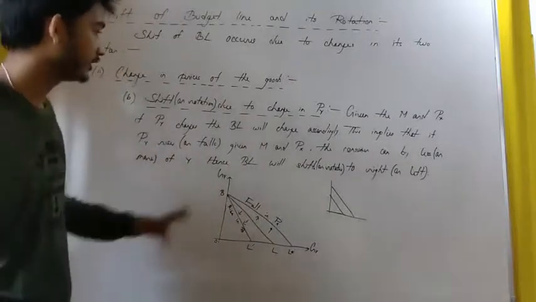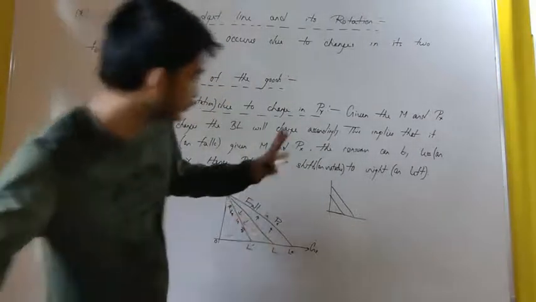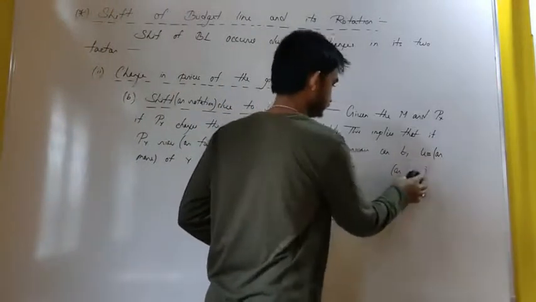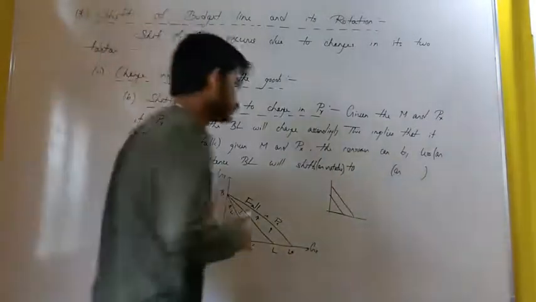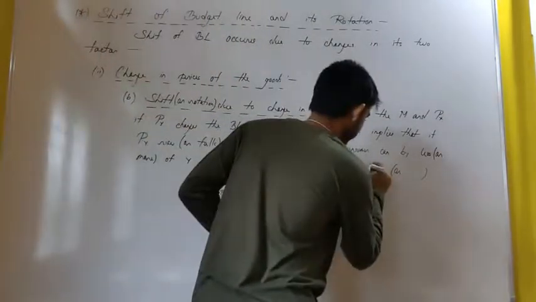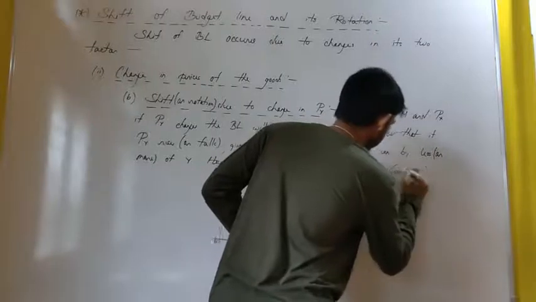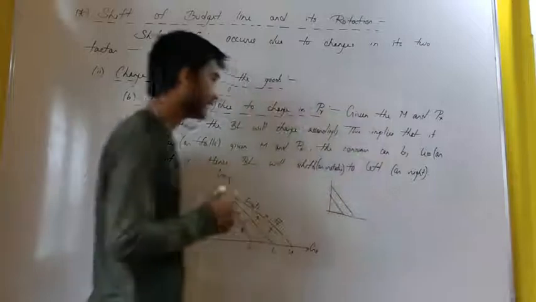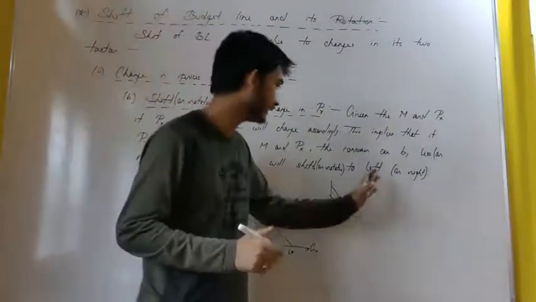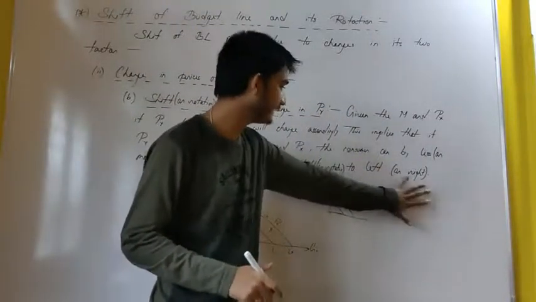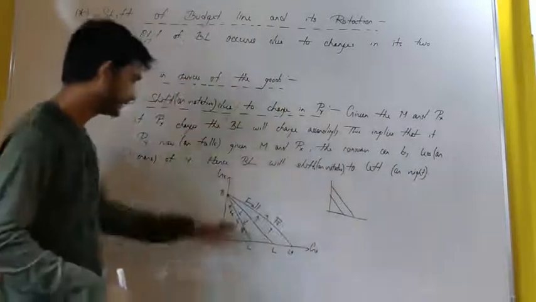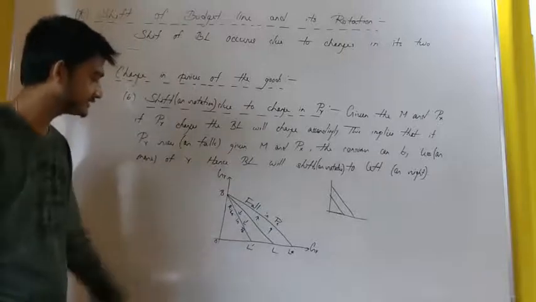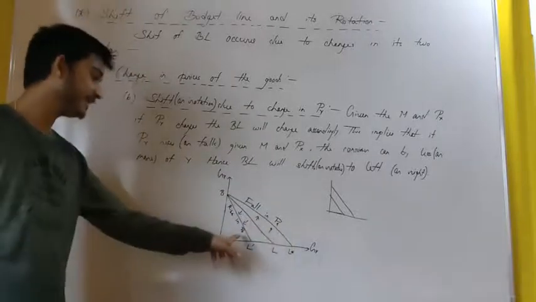Sorry, my mistake. Please do make a correction. Within bracket it would be right, and outside the bracket it would be left. Here also you see when price of good X rose, the budget line shifted leftwards.